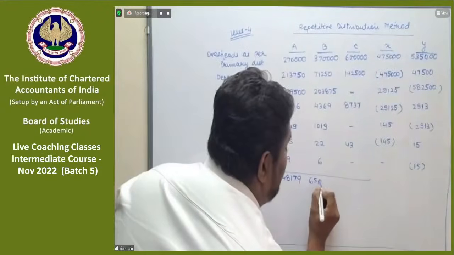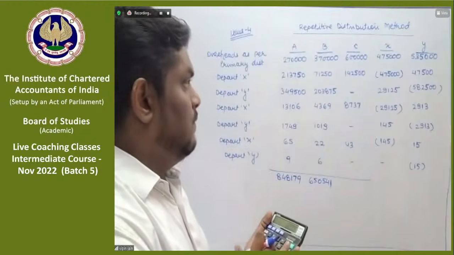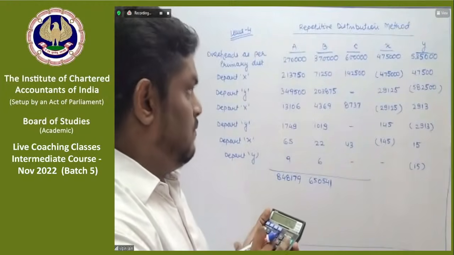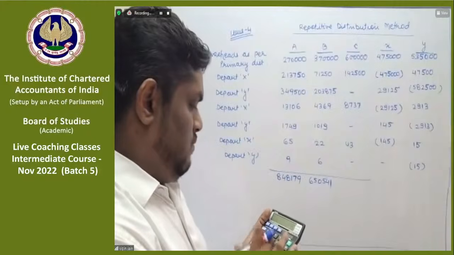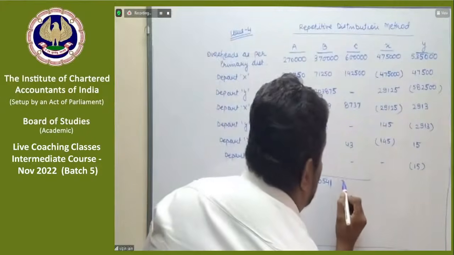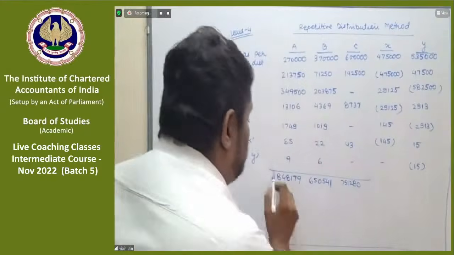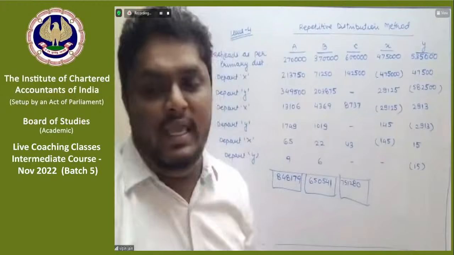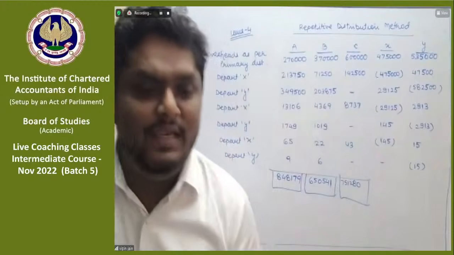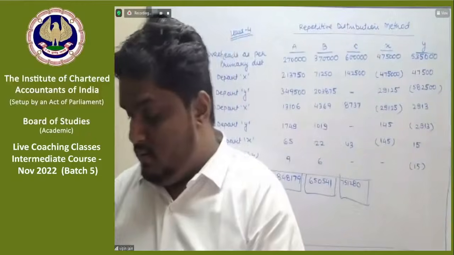Six, 50,541. So these are the final overheads of production department, that is X, A, B, and C. If you guys have any doubts, you guys can please ask me. Waiting for your queries, guys.